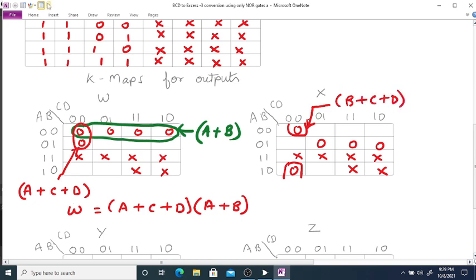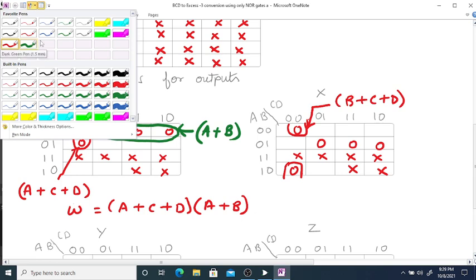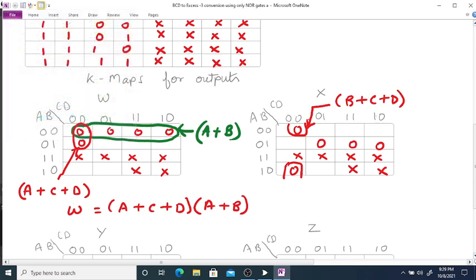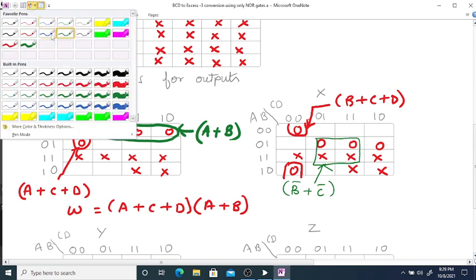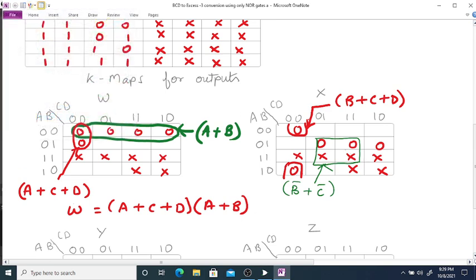Next, if we group these zeros over here, we will get this quad. This quad is represented by B bar plus C bar. We can form one more quad over here, this one.